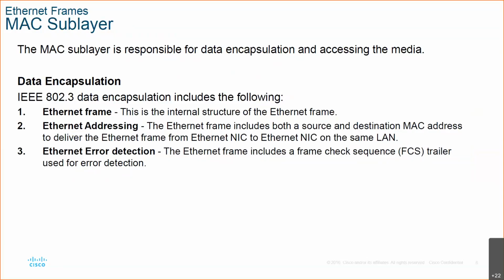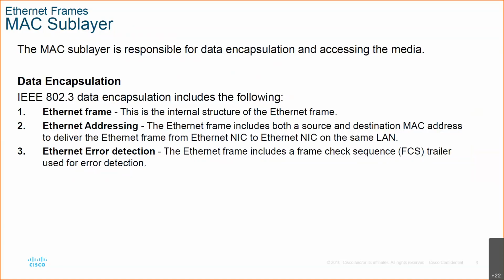So data encapsulation includes the following. Number one, Ethernet frame. This is the internal structure of the Ethernet frame. Number two, Ethernet addressing. When I say addressing, it includes both the destination address and the source address.